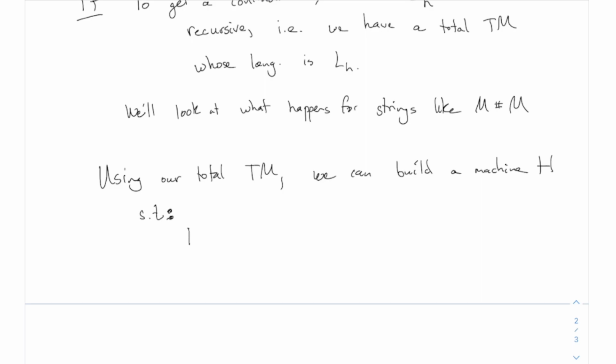But I want to build a machine H such that, first of all, H accepts any string that looks like M#M whenever M does not halt with input M. So if you run M on itself, this other machine is going to accept when that run of M on itself loops forever.